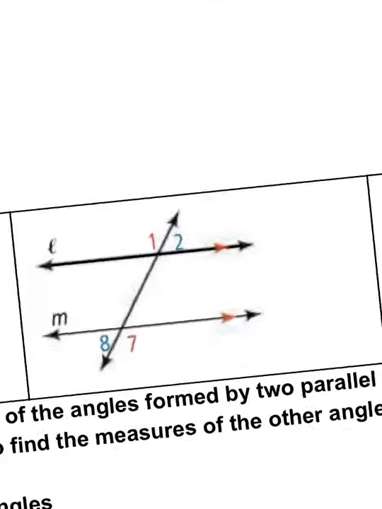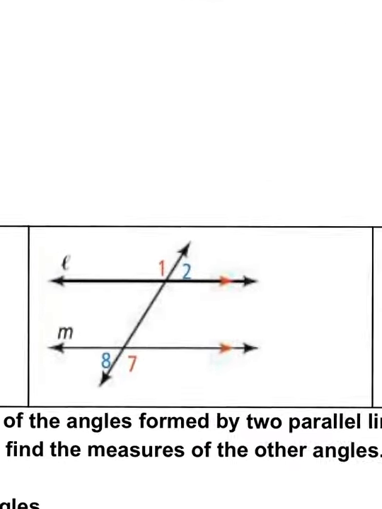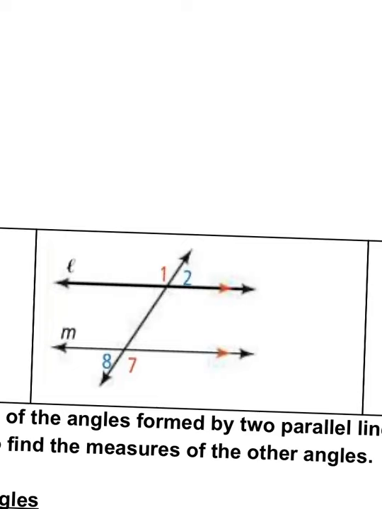Where'd it go? There we go. So, what are my alternate exterior angles now? Angles 1 and 7 and 2 and 8.